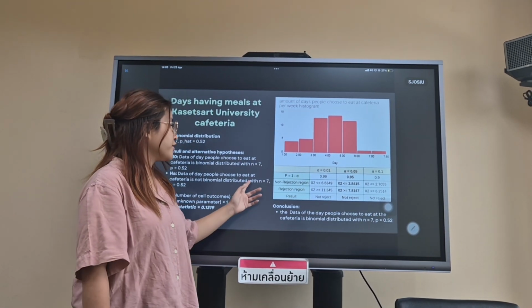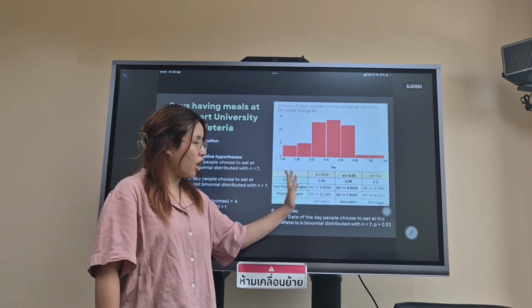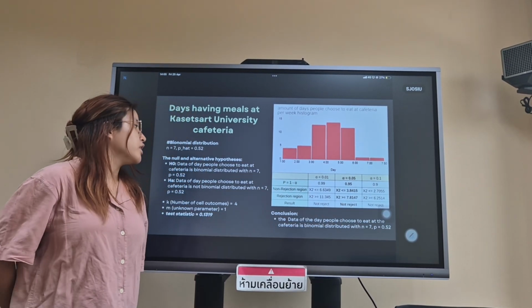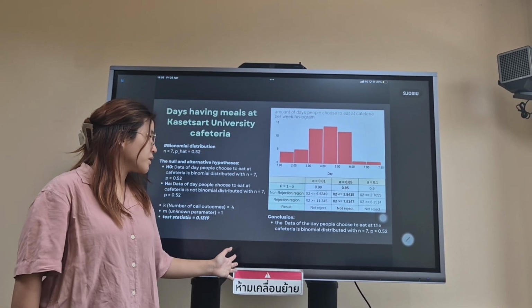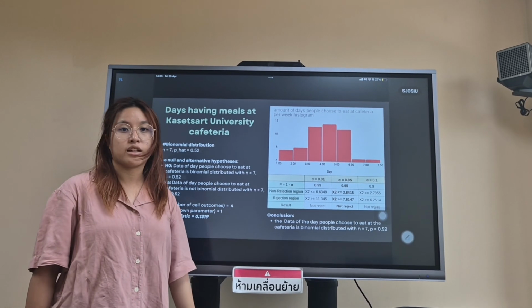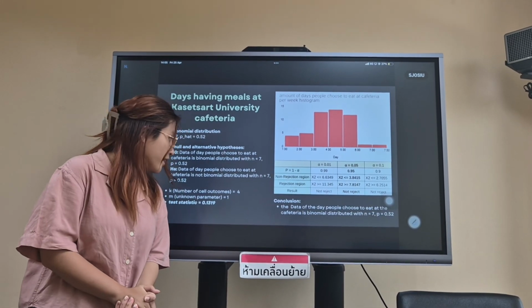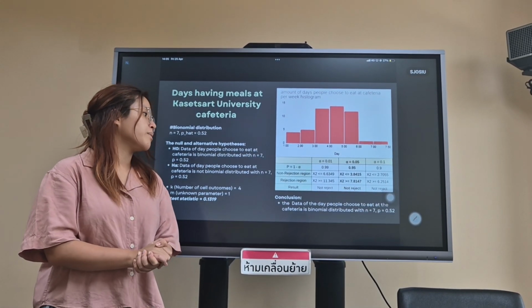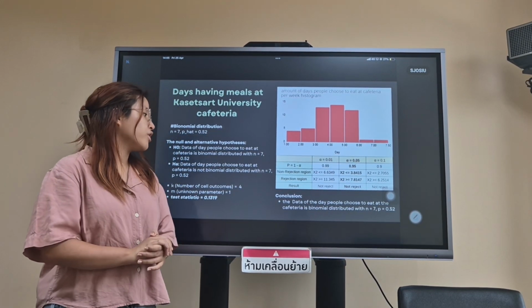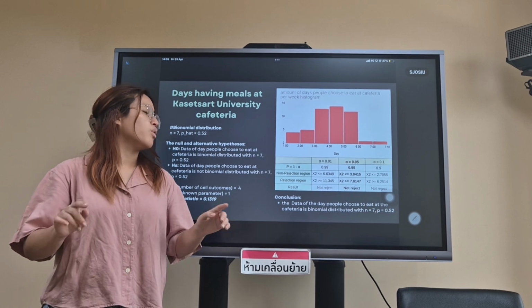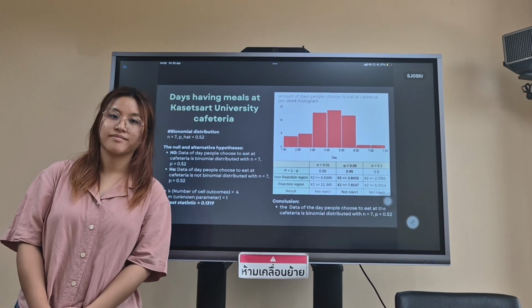After all the calculation, at all the cutoffs, the test statistic is in the non-rejection region, which means we do not reject the null hypothesis. So we got the conclusion that the number of days people choose to eat at the certain cafeteria is binomially distributed with n equals 7 and p equals 0.52.